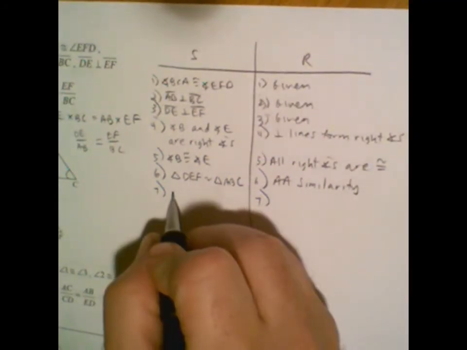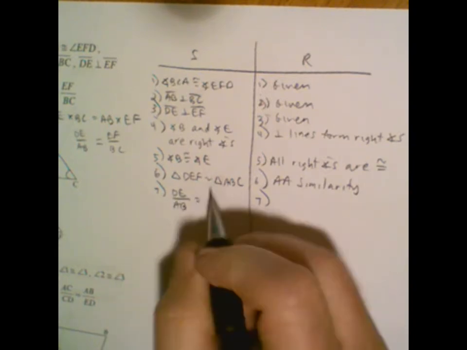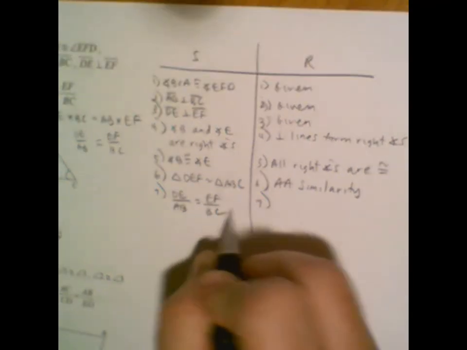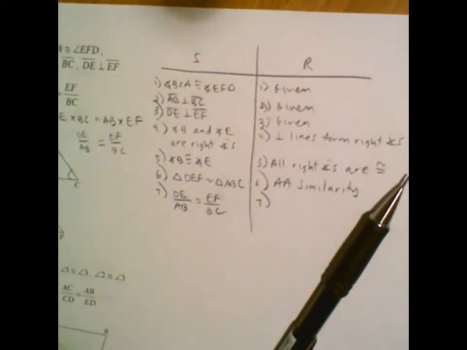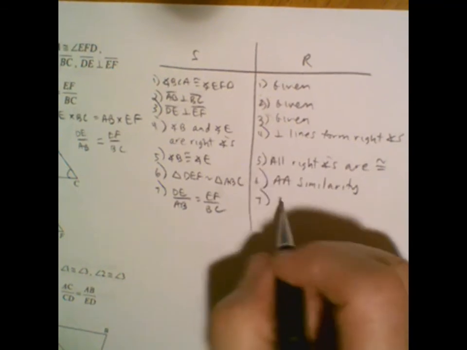I'm going to say that DE is to AB as EF is to BC. The reason being, corresponding sides of similar triangles are in proportion.